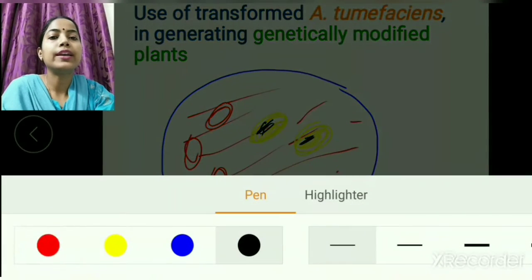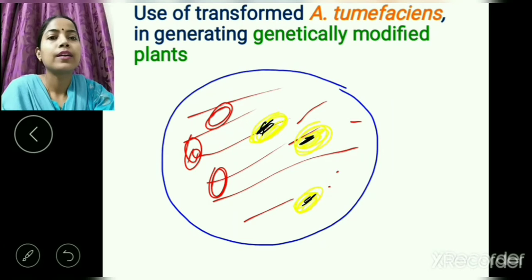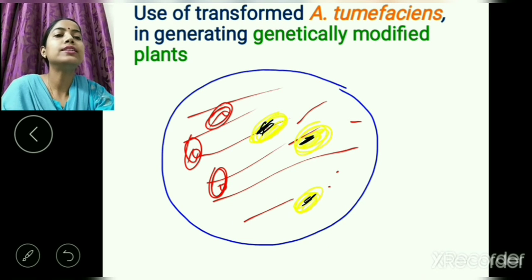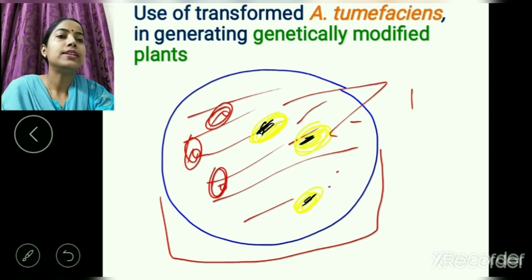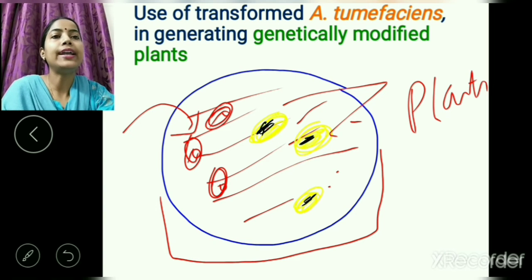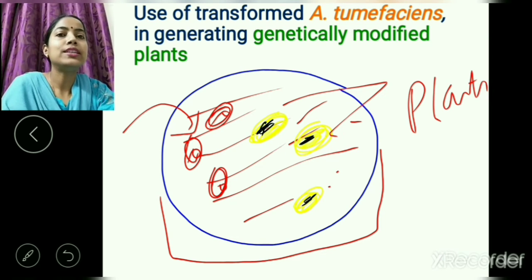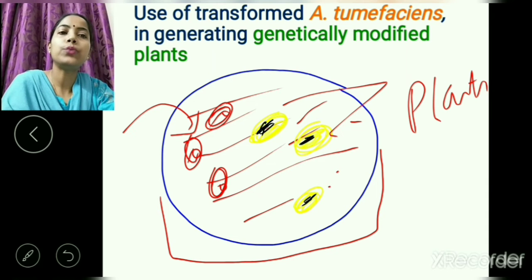Here they are carrying the recombinant Ti plasmid, and in the same petri dish we have taken the plant cells. Also we have taken the modified Agrobacterium tumefaciens that are carrying our foreign gene. Now we have to do nothing. All the process these natural genetic engineers will do.